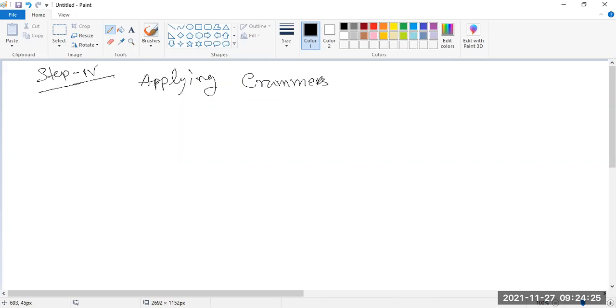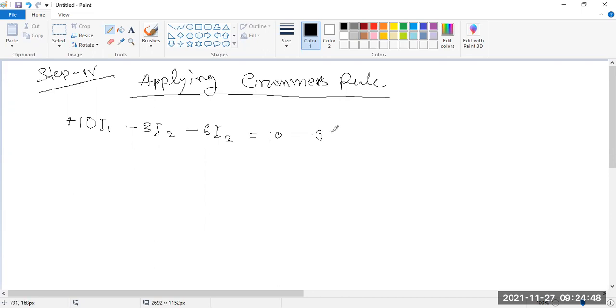So what are the equations? Let me write down the equations. This is plus 10I1 and minus 3I2, written in the format of I1, I2, I3. Okay, equal to 10. It was equation 1.